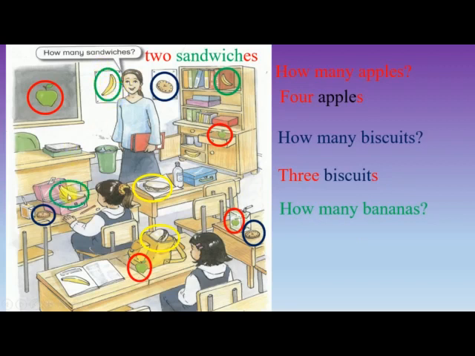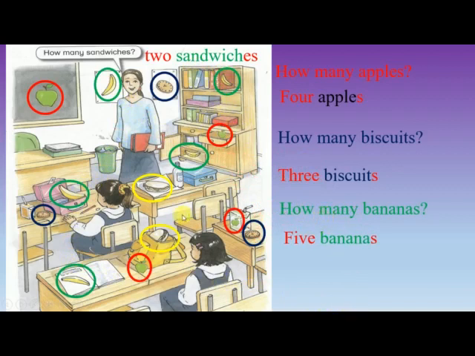Yes, in the lunch box. Here on the book. And the last one. Yes, very good. In the closet. So here, how many bananas do you have? 1, 2, 3, 4, and 5 bananas.